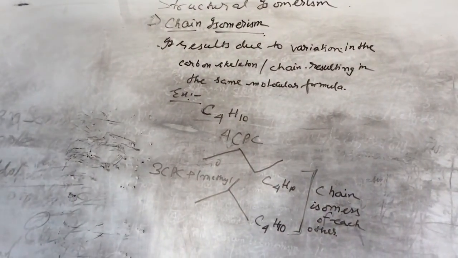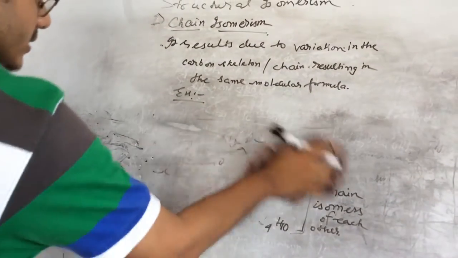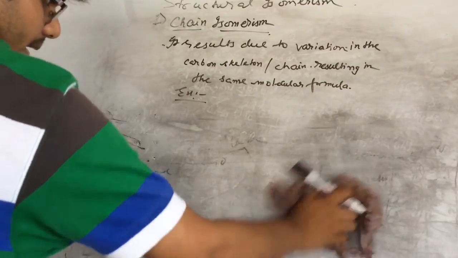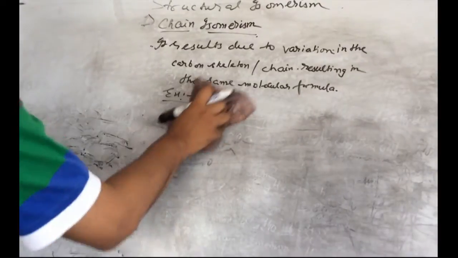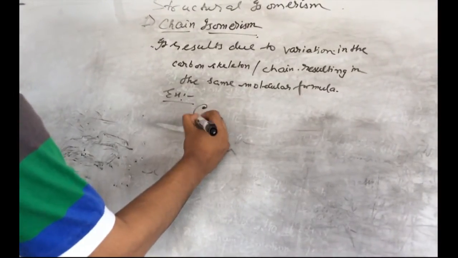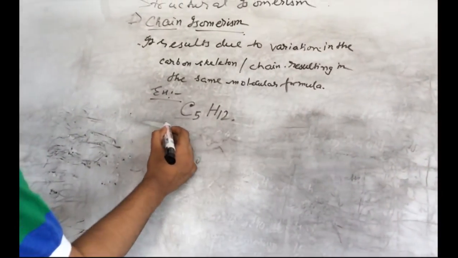You can also take other examples like C5H12, so it can be 5 CPC.